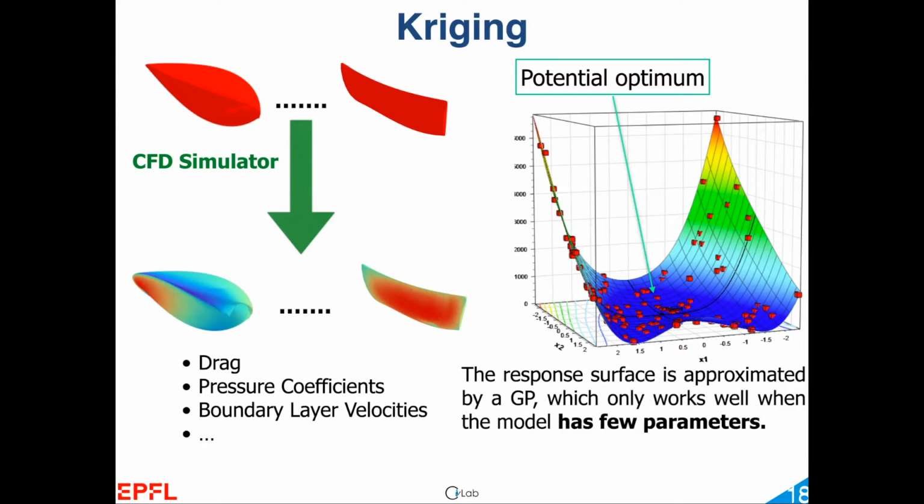And typically, what's being used to do this is what's called a Gaussian process. So Kriging and Gaussian process are synonymous, and it works nicely, but it only can deal with models that have relatively few parameters, I mean 20, 30. After that, you're in very high dimension, and the GPs tend to choke.